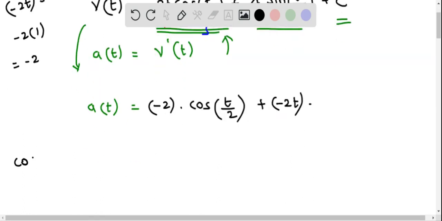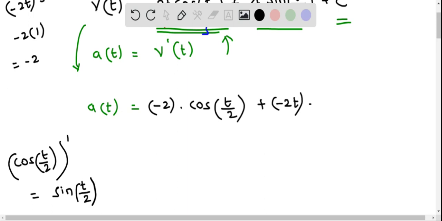So let's find the derivative of cos of t by 2. The derivative of the cos function is a sine function, negative sine. So I put sine of t by 2, and we have to apply the chain rule to find the derivative of t by 2. The derivative of t by 2 equals 1 by 2 times the derivative of t, which is 1.